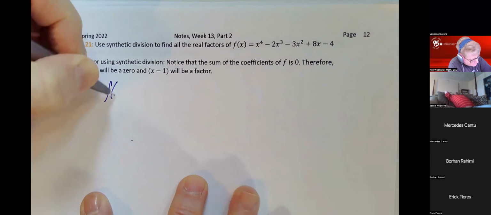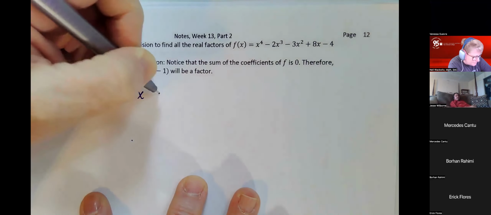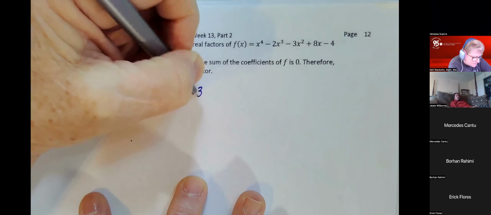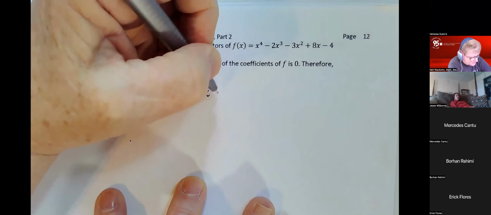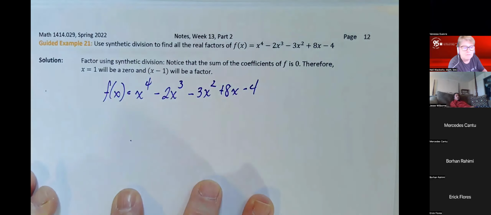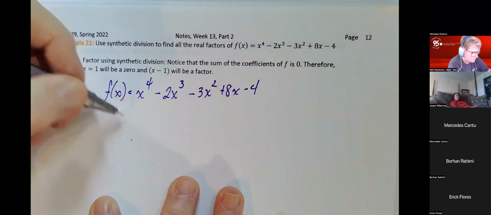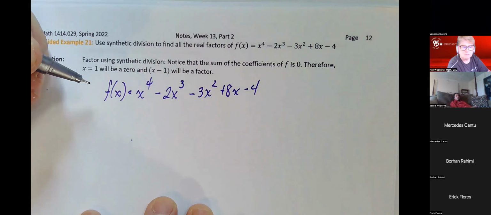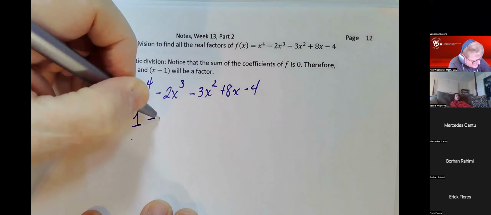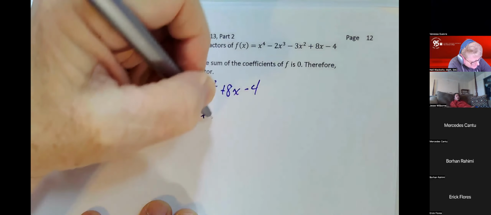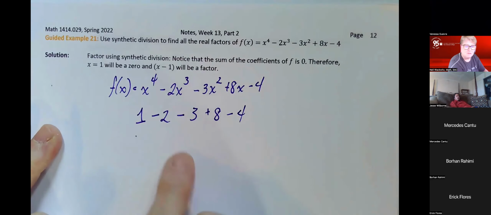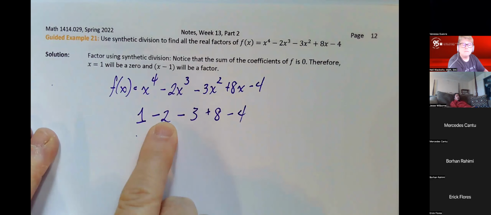So I have f of x equals x to the 4th minus 2x cubed minus 3x squared plus 8x minus 4. And let's add the coefficients. What's the coefficient of x to the 4th? One. Good. So I have 1 minus 2 minus 3 plus 8 minus 4. Let's see what that is. 1 minus 2 is -1.